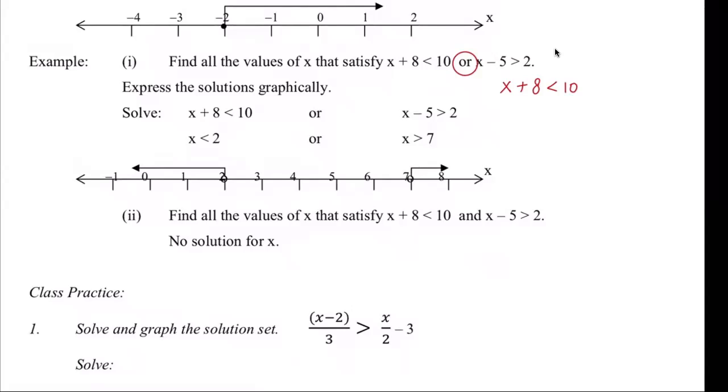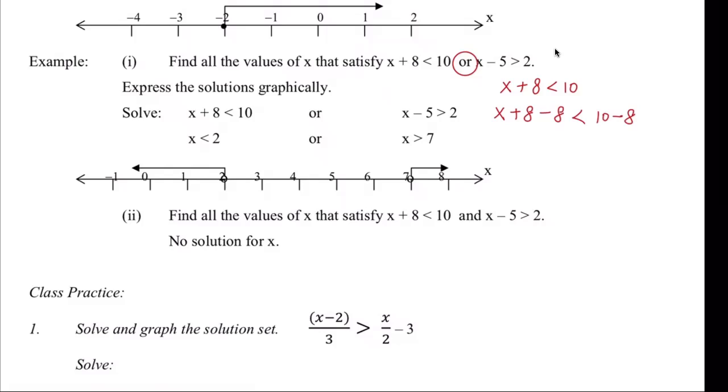So if we subtract 8 from both sides, the sign doesn't change. So x plus 8 minus 8, and the right-hand side will be 10 minus 8, right?